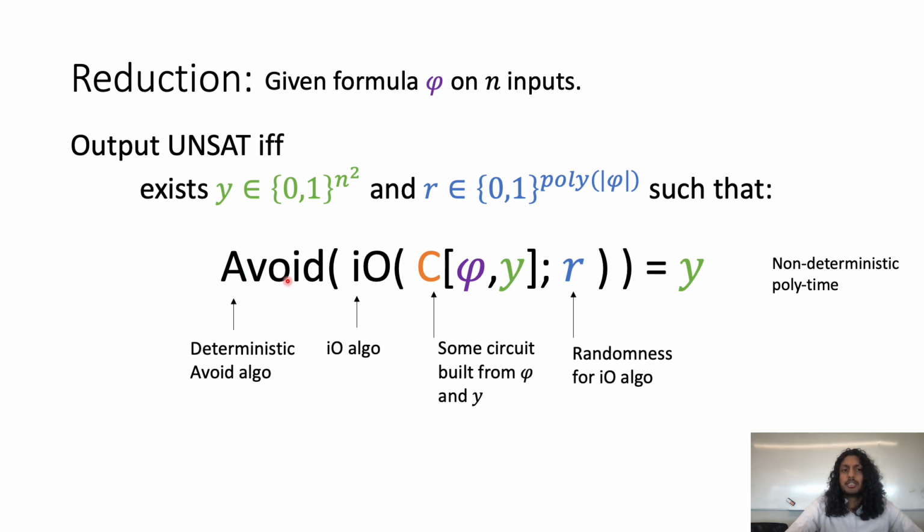When you run Avoid on the obfuscation, again, I've done the same thing where I've written iO for the algorithm, of some circuit C that's built from phi and y. Don't worry about this for now. It's some circuit C that you can build efficiently from phi and y. When you run the obfuscation algorithm on this circuit C, with randomness r, and you feed that to the Avoid algorithm, you get back y.